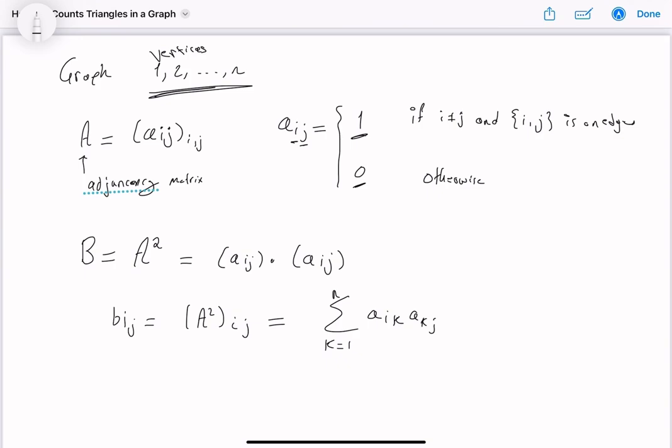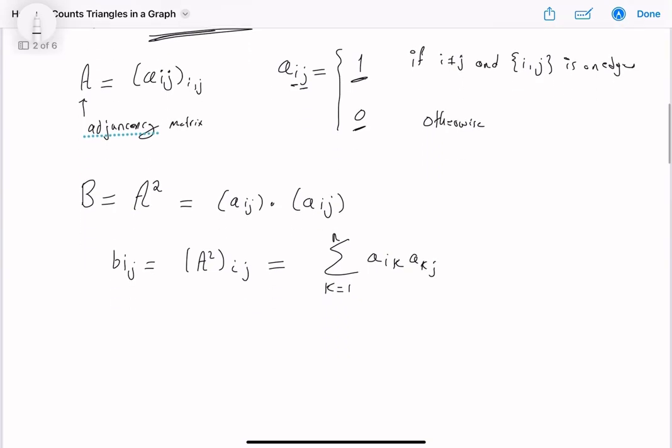Now let's try to understand the meaning of this entry. If we look at every term of this sum, a general summand Aik Akj, what is this?